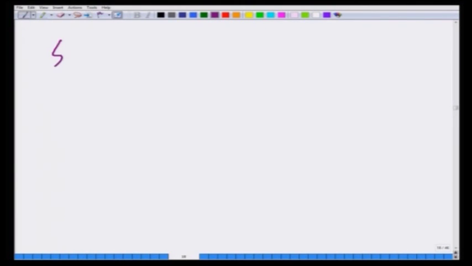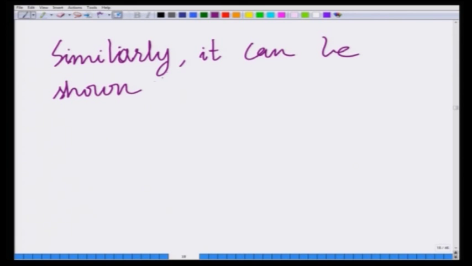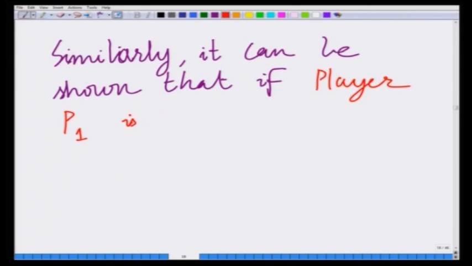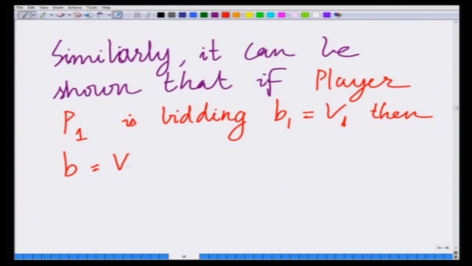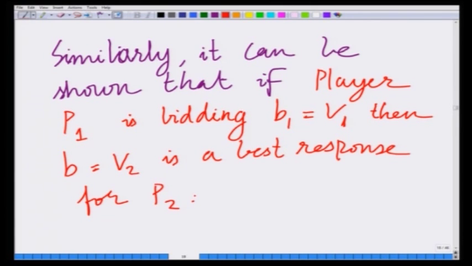Similarly, it can be argued from the perspective of player 2 that if player P1 is bidding B1 equals V1, then B2 equals V2 is a best response for player 2, that is P2.